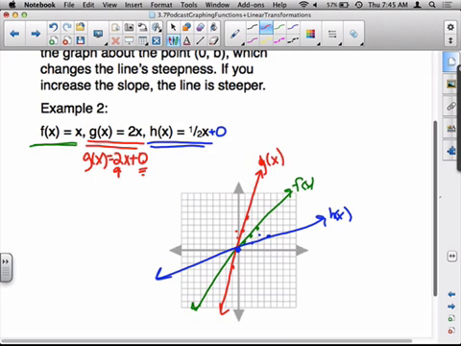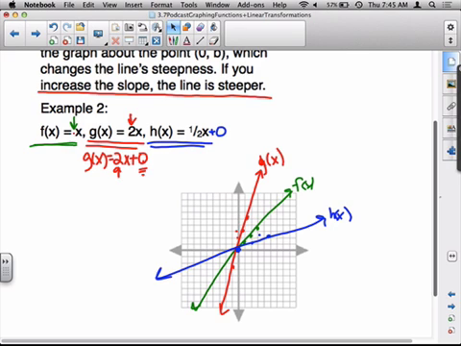Now, if you look at the graph in red, which is my g of x, let's look at the slope. The slope is 2 compared to my parent function, which is 1. So what happened was my slope increased from 1 to 2. So when your slope increases, the line becomes steeper. So you increase the slope, the line is steeper.